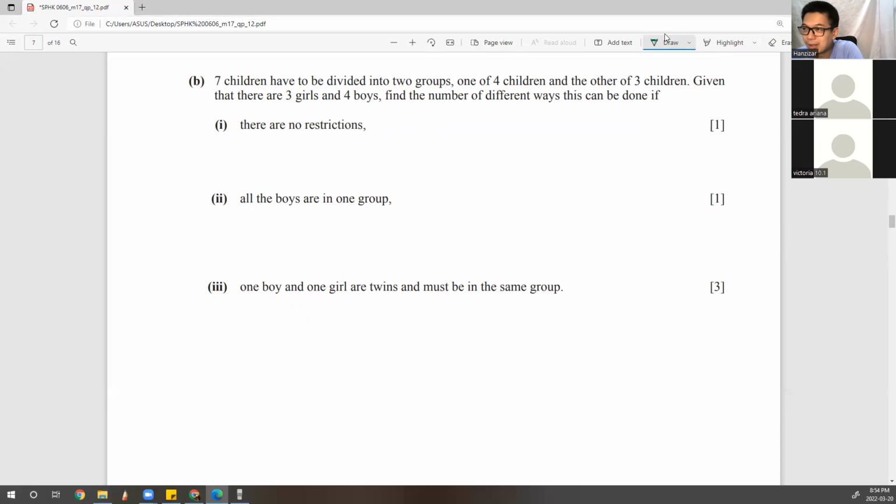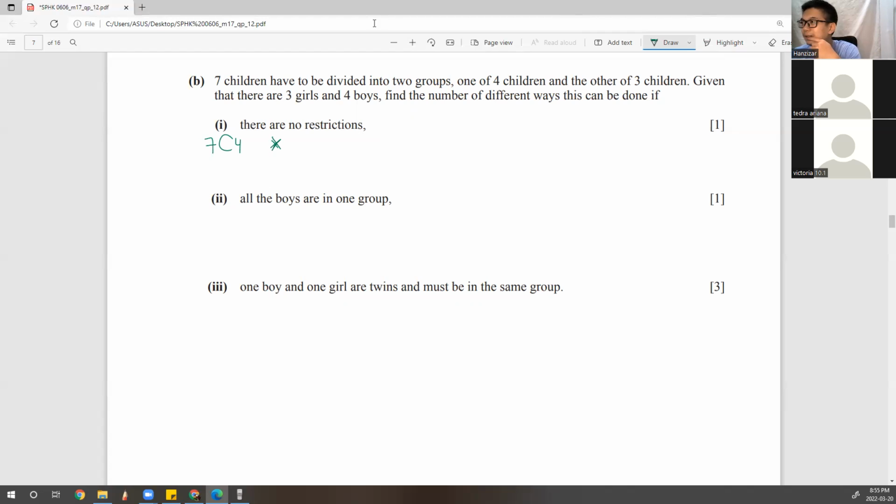Very simple. Out of 7, you pick the combination, right? You combine 7C4, and the second group, out of the remaining students. Wait, if I pick 4, wait, 7C4.